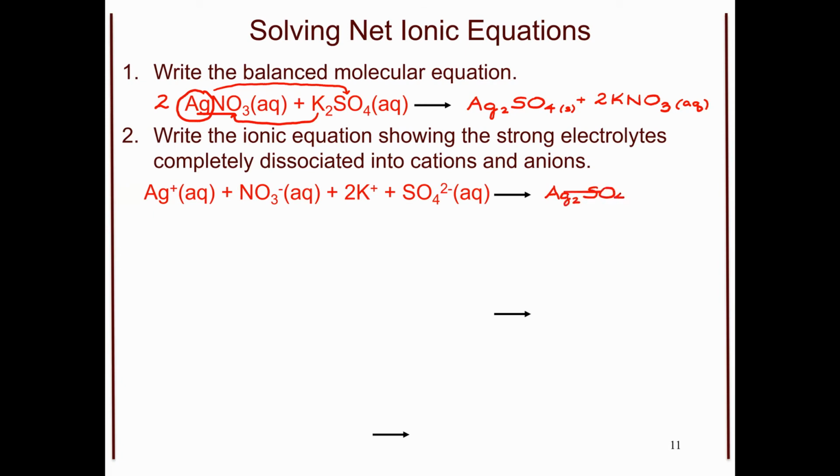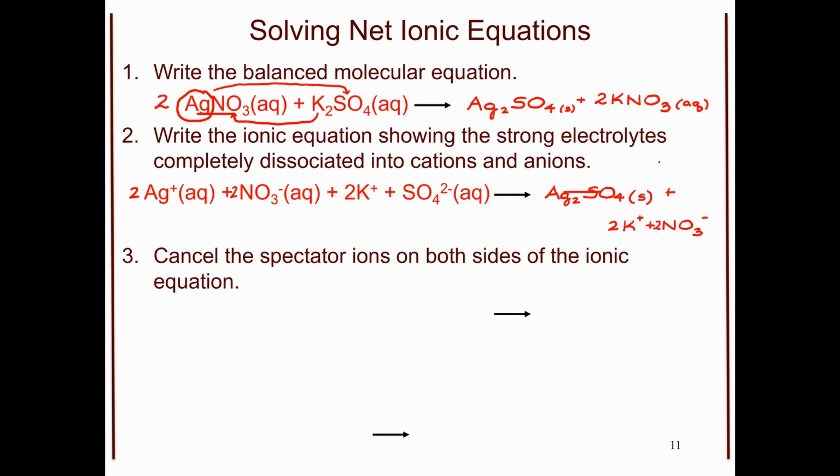Remember that if it says it is solid, it must stay intact. When it comes to my potassium nitrate, remember that if it has a nitrate, it is going to dissociate, and I will split those species up. So if I balance this very quickly, you will see that I am now able to cross out species that I know are going to be spectators.